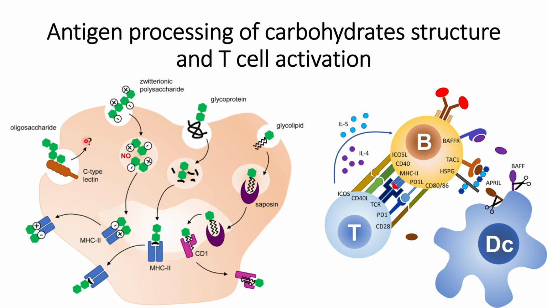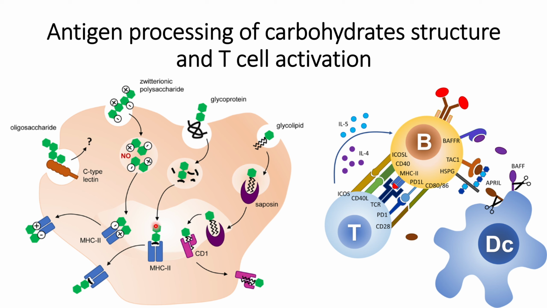The same thing, with a different mechanism, happens for C-type lectins. However, how the oligosaccharide with C-type lectins comes within the cells is not yet completely known. But it has been seen that they come within the cells, and the antigen is expressed on the cell surface with the help of the major histocompatibility complex.